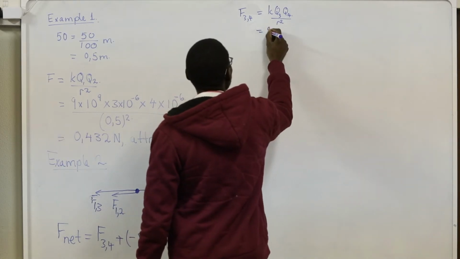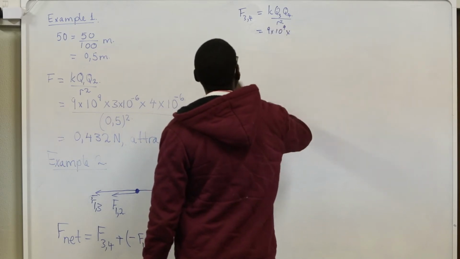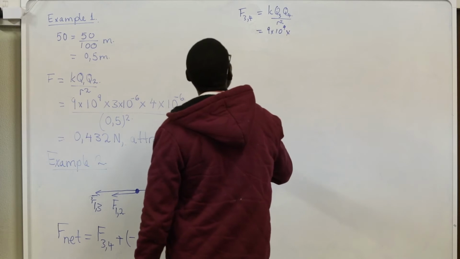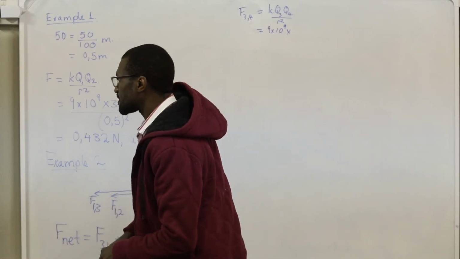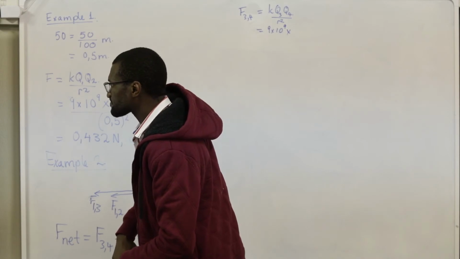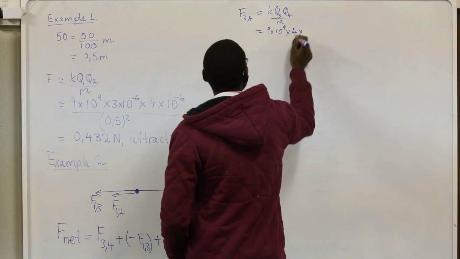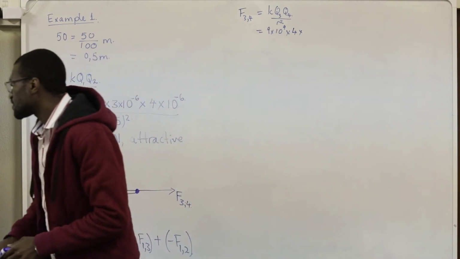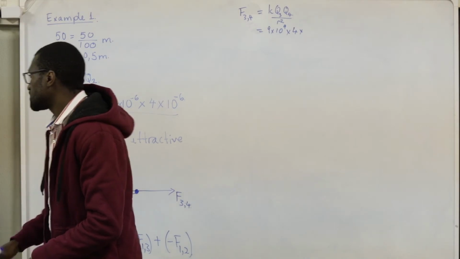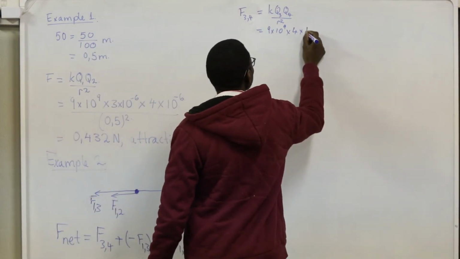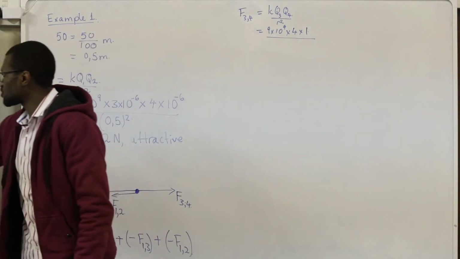Our K is 9 times 10 to the power of 9 multiplied by the value of Q3, which is equal to 4, multiplied by Q4, which is equal to 1, divided by the distance between them is 2 centimeters.